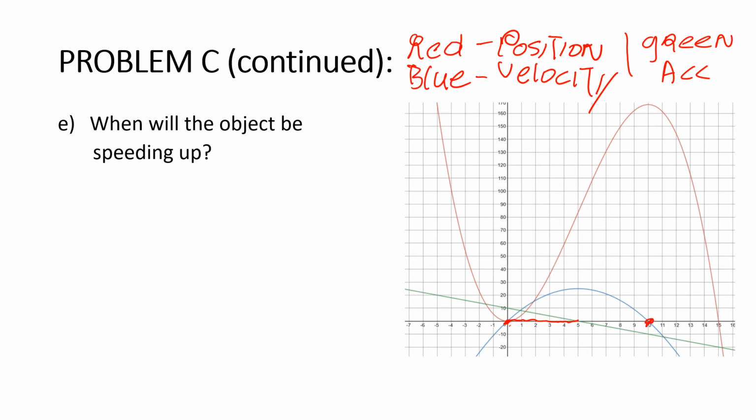After 10, both my velocity function and my acceleration function are below the x-axis. So anywhere from here onwards, I'm speeding up. I am speeding up in the negative direction. Let me just be clear on that. I'm speeding up in the negative direction because they're both negative.